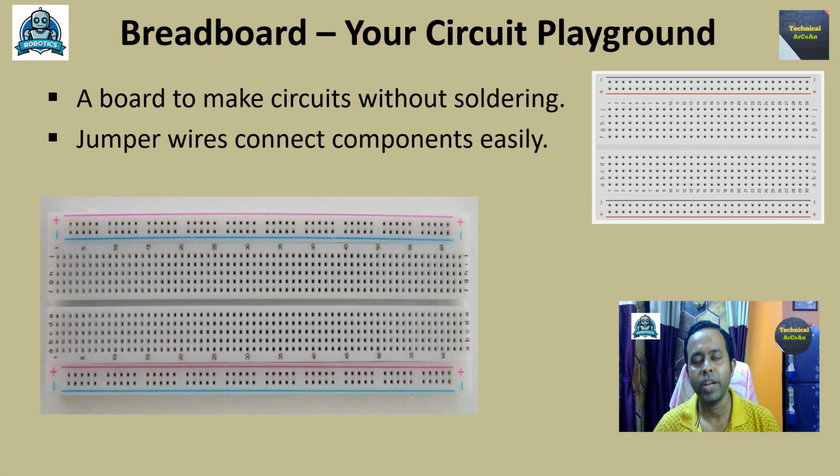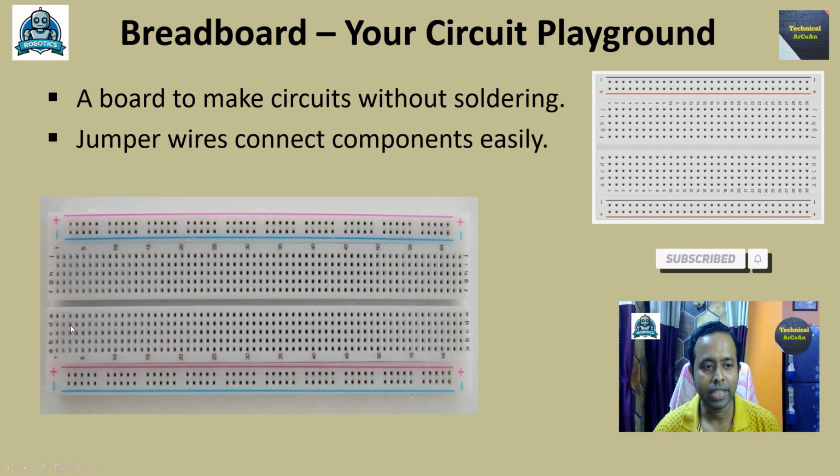So now we talk about the breadboard, your circuit playground, a board to make circuits without soldering. Jumper wires connect components easily. So this is the board where we build our electronic circuits. Actually, in this section, the upper 2 rows and the lower 2 rows are connected row-wise, right?